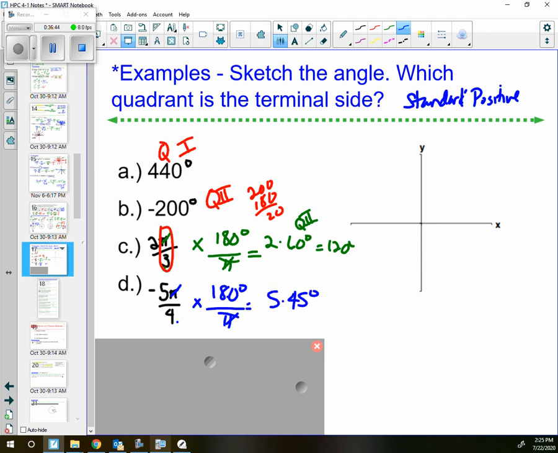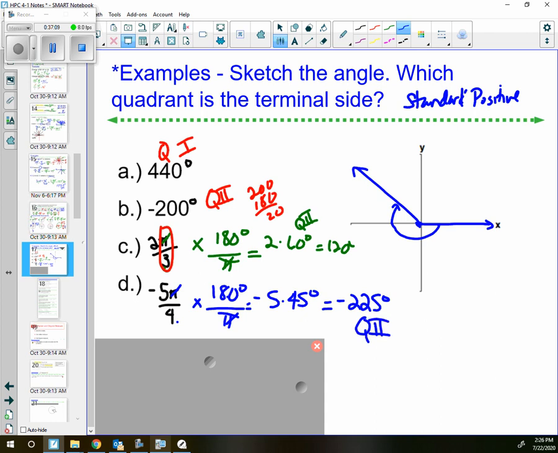And remember, if it's negative in radians, it's still negative in degrees. 45 times 5, go ahead and multiply that out. That'd be negative 225. Okay, so where would that put you? Negative 180, clockwise again, and another 45 degrees. So we would once again be in quadrant 2, so being able to locate that.